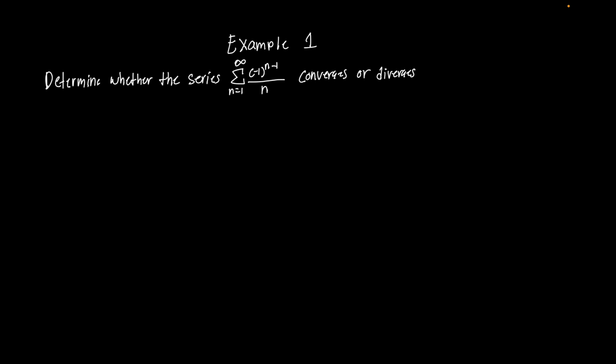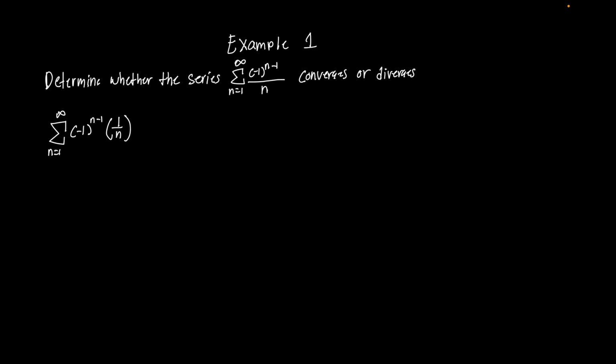So now let's check our test. Step one, remember, is to identify the b sub n. We can also rewrite the series to make it easier. So we're going to have the sum from n equals 1 to infinity of negative 1 to the n minus 1 times 1 over n.